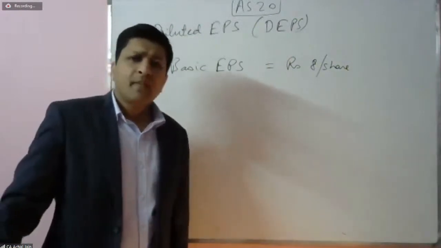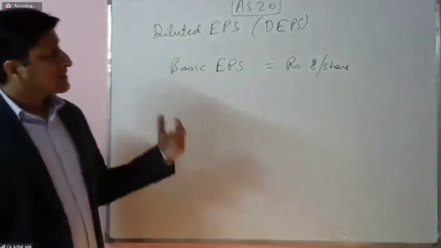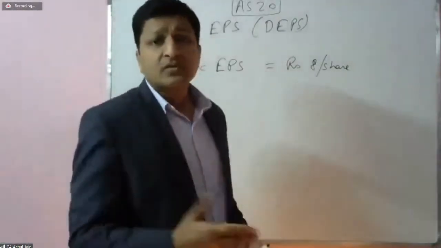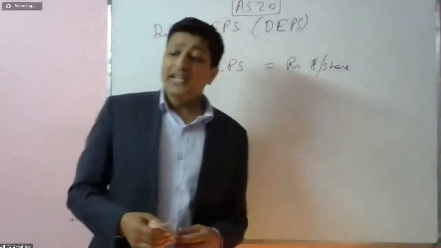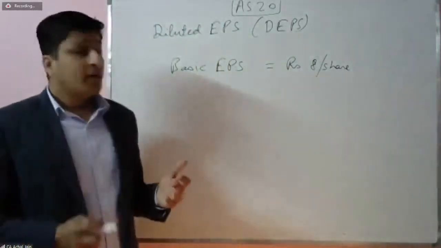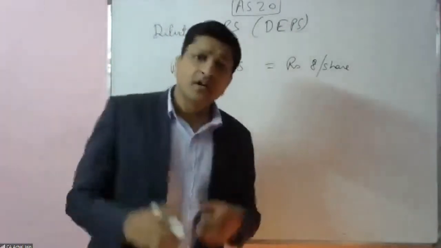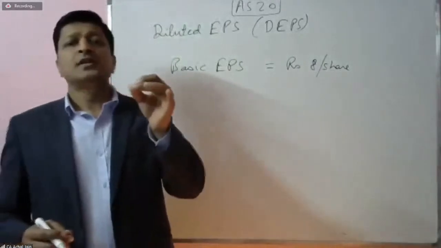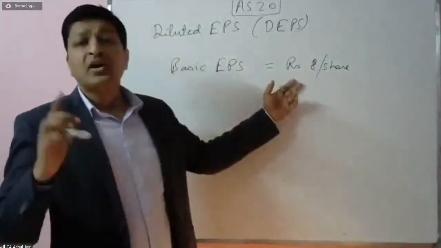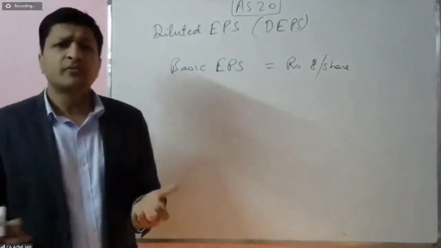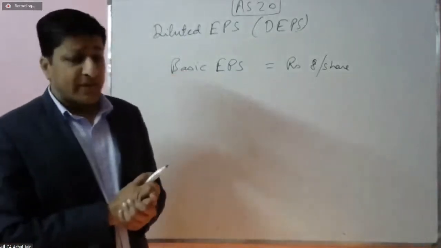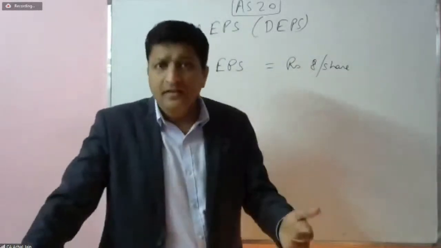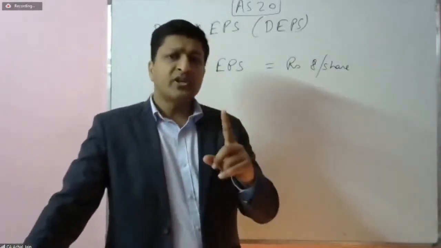Now what does it imply? As we discussed, this is the performance indicator for the company, for the year, wherein the investor gets to understand what he has earned by making an investment of rupees 10, which is equivalent to 1 share, in the company.